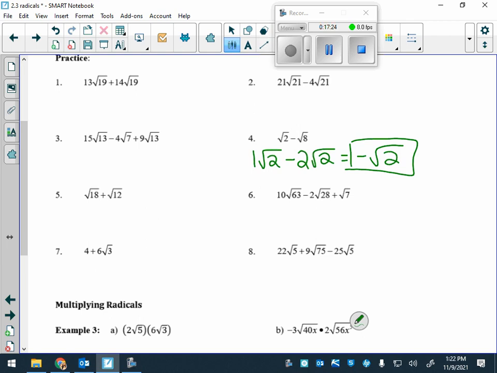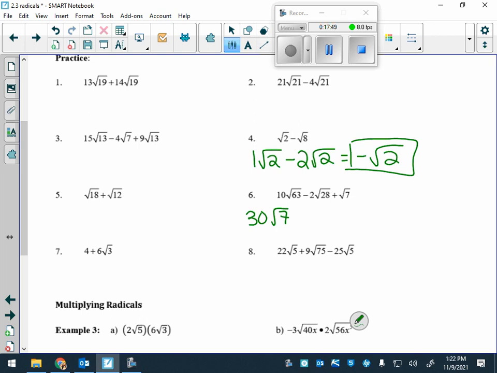Liam? I like to go 5 root 20. Okay. So, square root of 63, how'd you simplify it? Root 9 and root 7. Okay. The square root of 9 is 3. So for that one, I have 30 root 7, right? Okay. Now, what are 2 factors of 28?